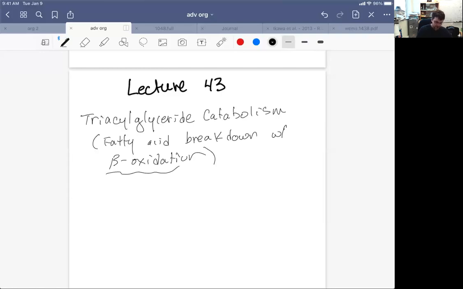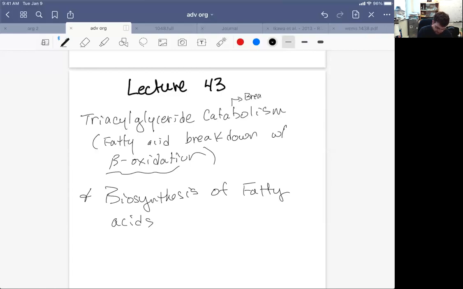This, in addition to the biosynthesis of fatty acids, is really beautiful chemistry that happens within the cell and wonderful challenges that need to be overcome. So let's finish that thought. Now, catabolism is focused on the breakdown of metabolites, these chemical reactions in biology that break down big molecules.